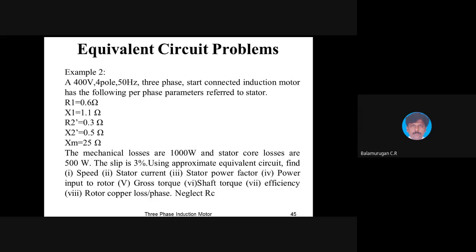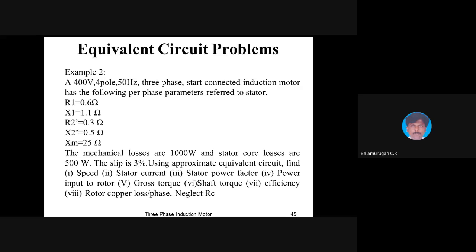Now you can tell the power factor. Correct, 0.86 lag. So stator power factor is equal to 0.86 lag. This is up to the third subdivision.